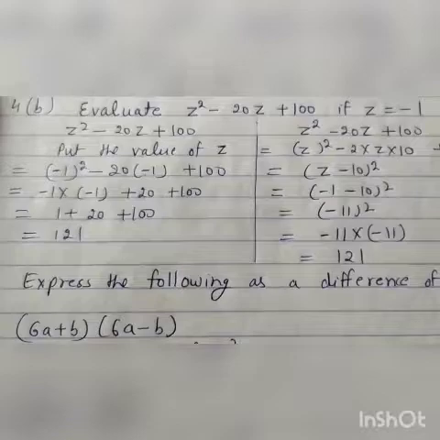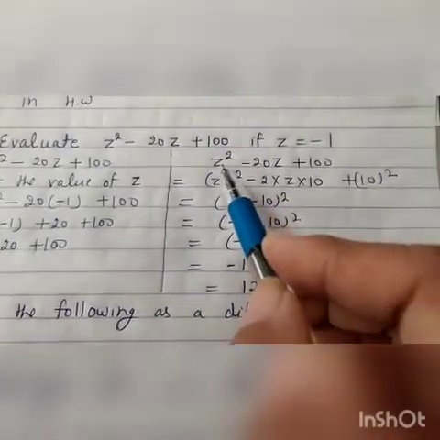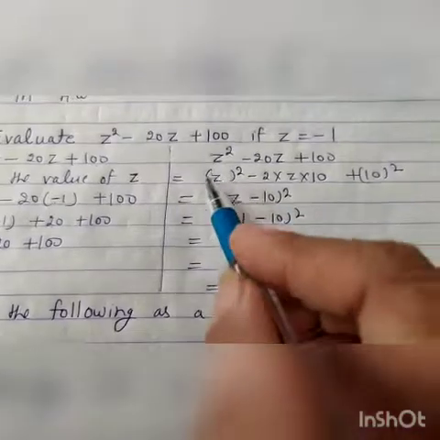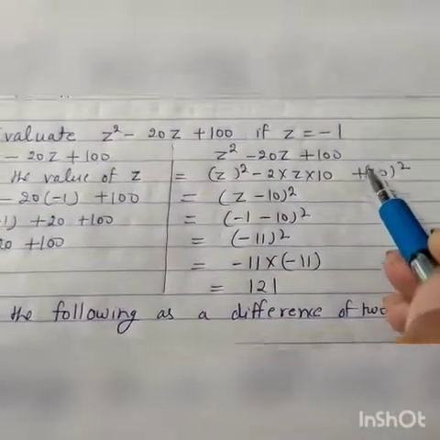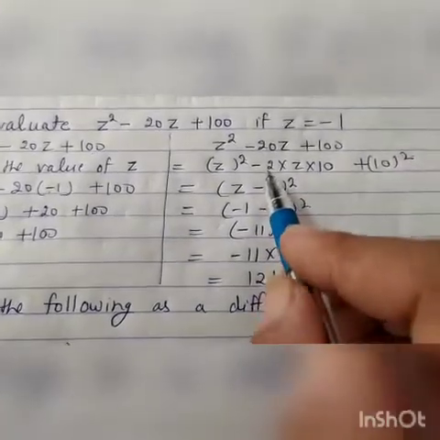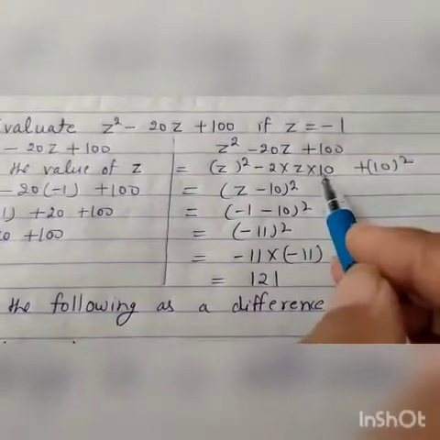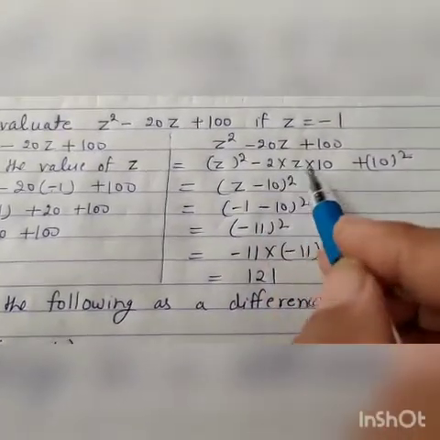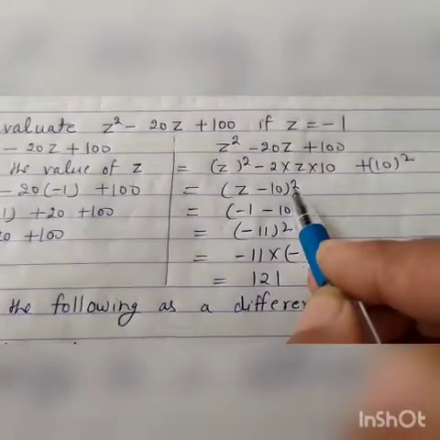Or if you want to do it with the help of the identity, see here, z square is the square of z and 100 is the square of 10. So it will be 10 whole square minus 2ab. Minus 2, value of a is z and value of b is 10. So minus 2 multiply z multiply by 10. It will become z minus 10 square.